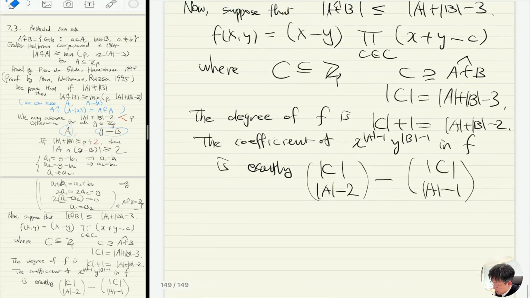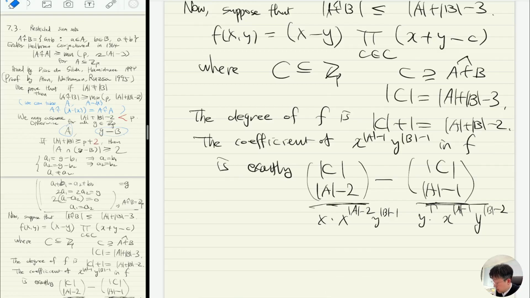So this is like x times x to the a minus 2, or this is y times x to the a minus 1 and y to the b minus 2. This is the coefficient of that, and this is the coefficient of this. And what is that?